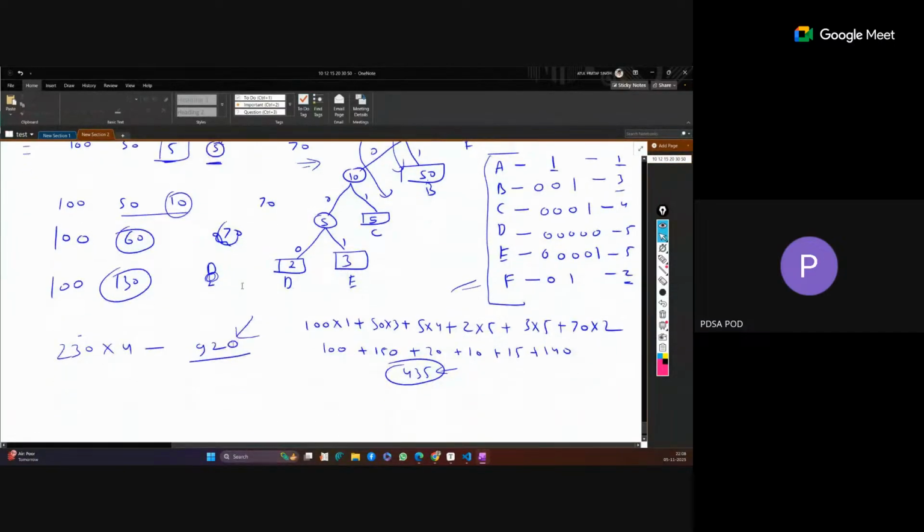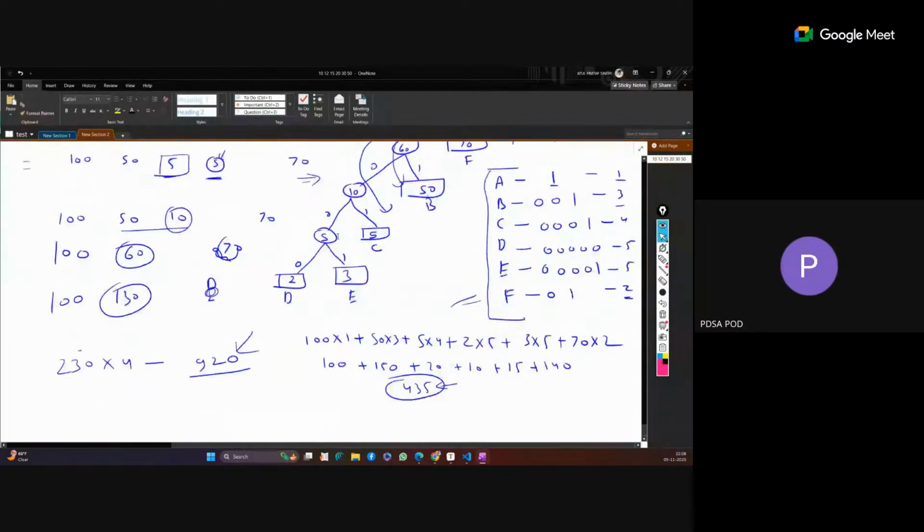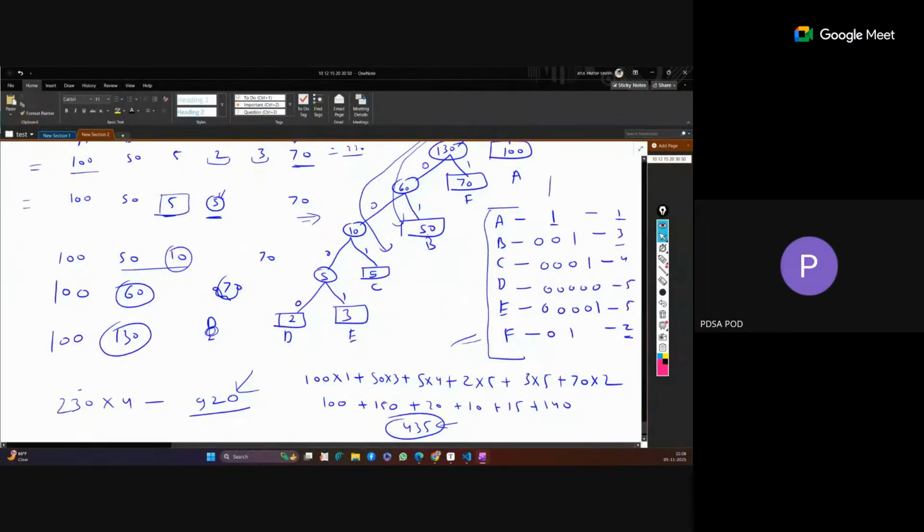And what does prefix code mean here? Prefix codes means that no code comes as a prefix of another code. The complete code will not come as the initial part of any other code. So here you can see 1 is not coming at the start of any other code. And 0 1 is also not coming at the start of any code.